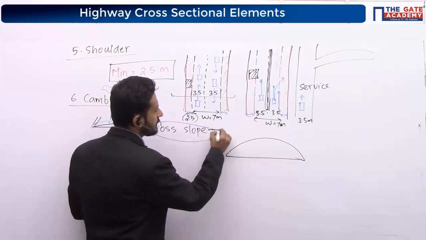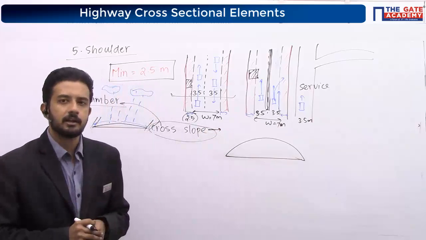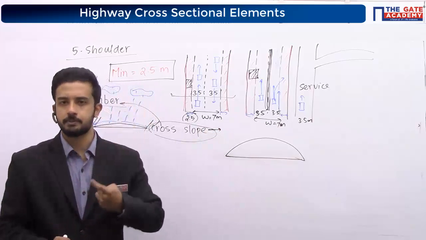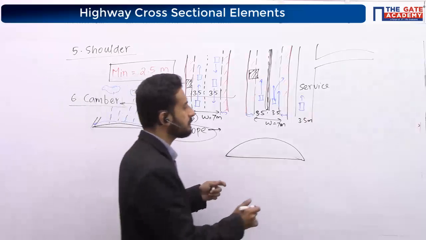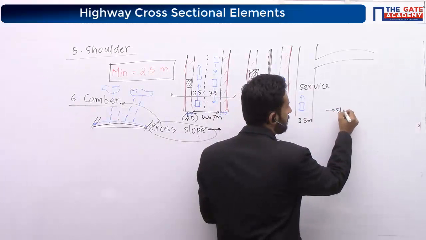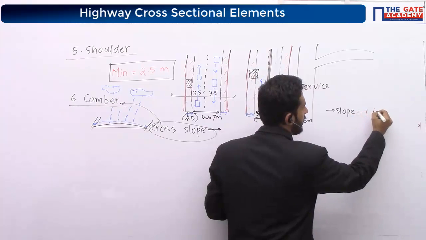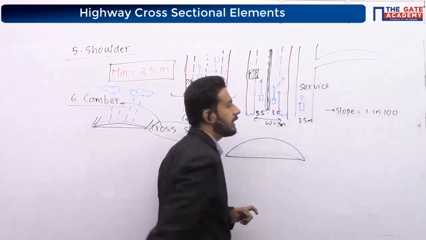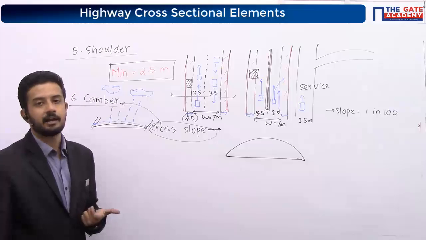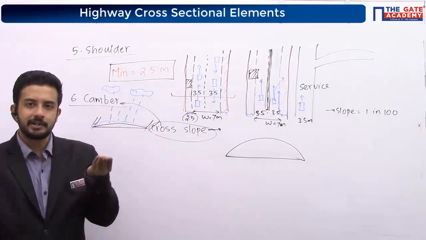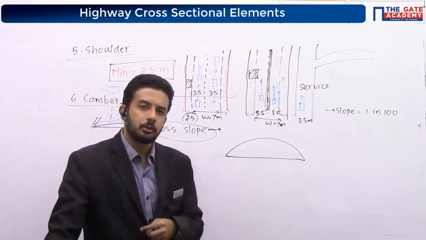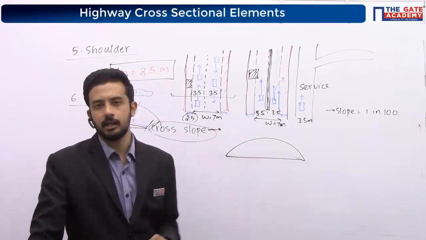Generally, any slope we can represent in 4 ways. If I am telling slope is equal to 1 in 100, what does it mean? 1 in 100 means 1 unit vertical whenever we go 100 units horizontal.